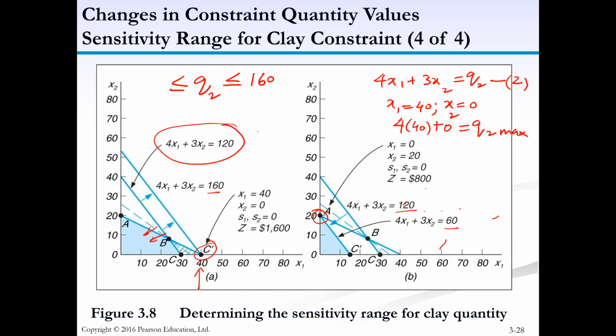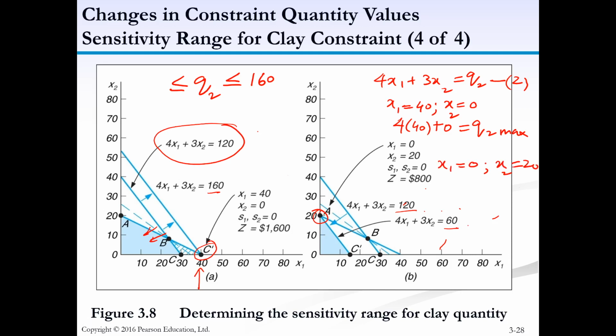The lower range will be, when we change downward, we see that the point has moved from B to A, which has x1 equal to 0 and x2 equal to 20.